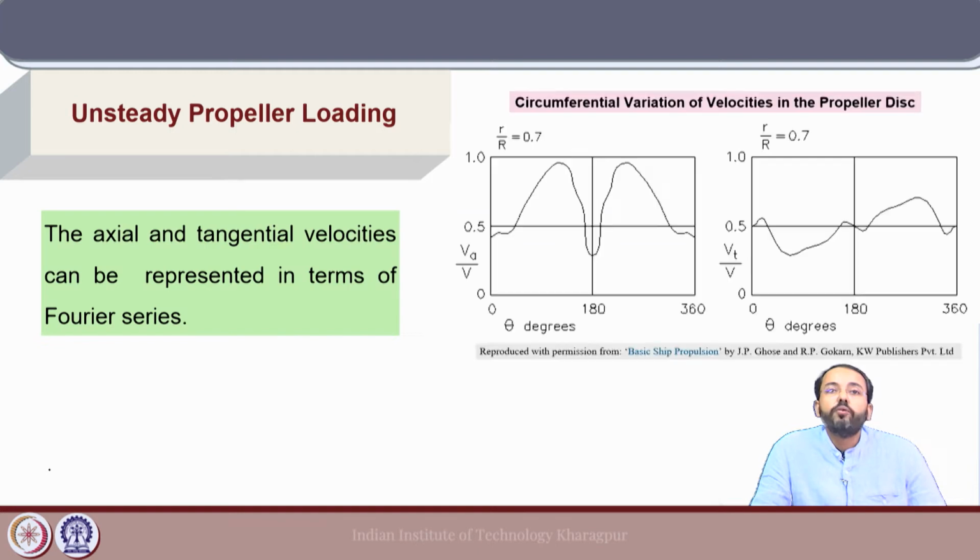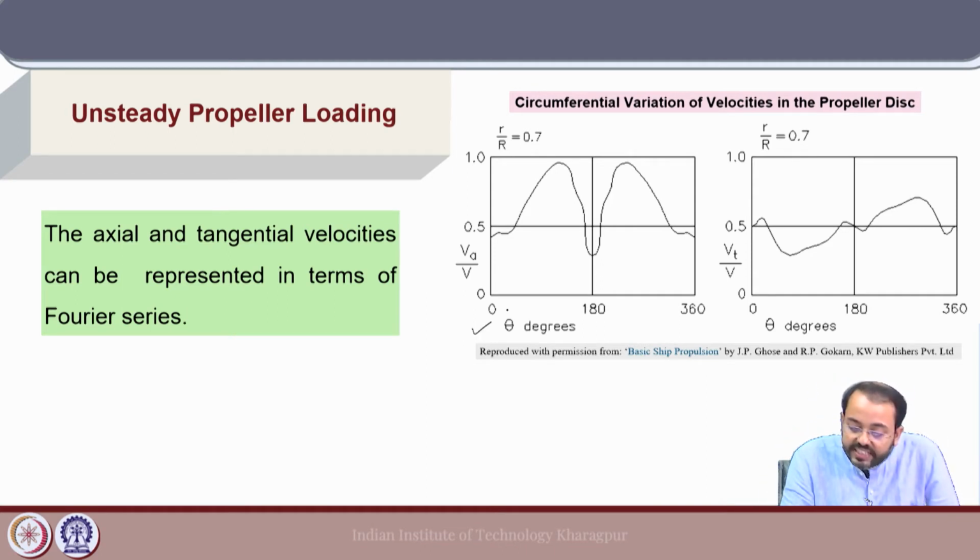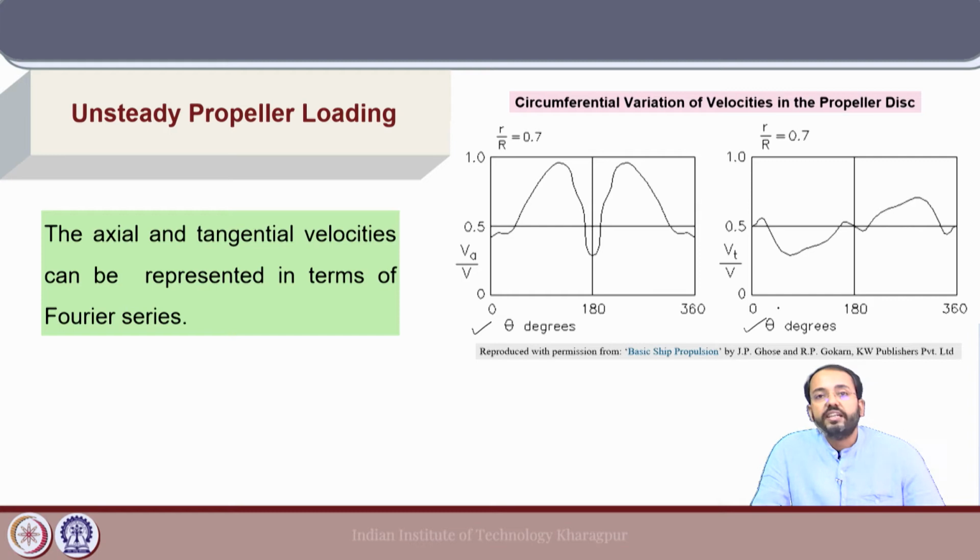Now, the variation of axial and tangential velocities over the entire circumferential location of the propeller disc, based on the variation in theta, is shown here.